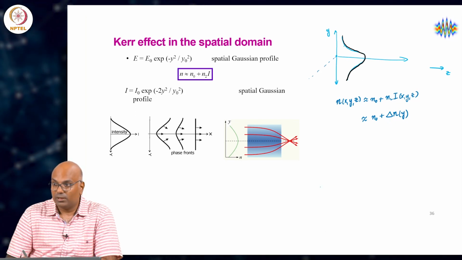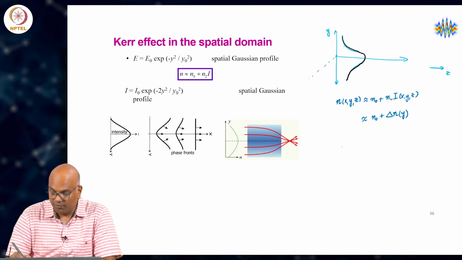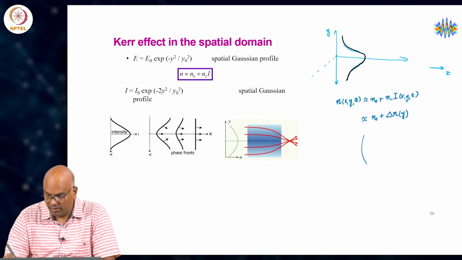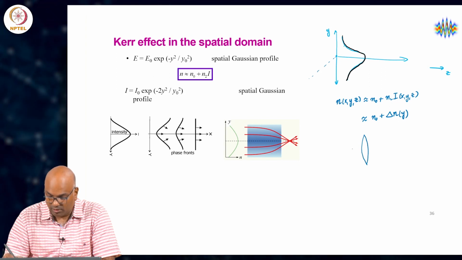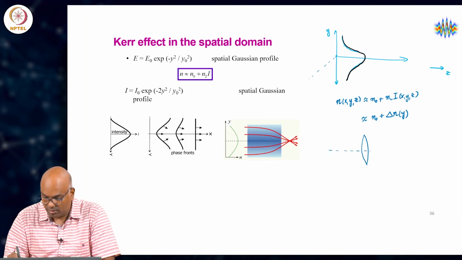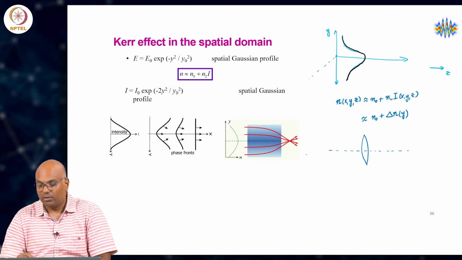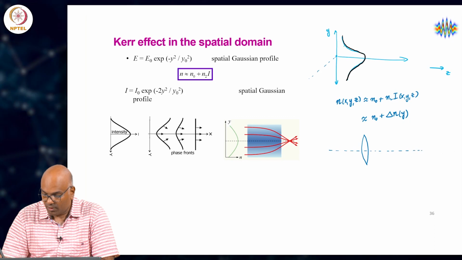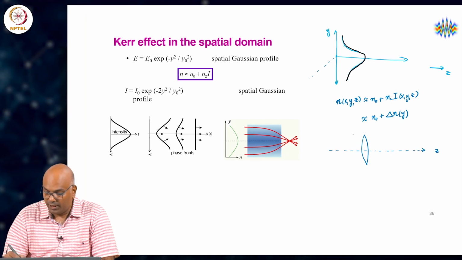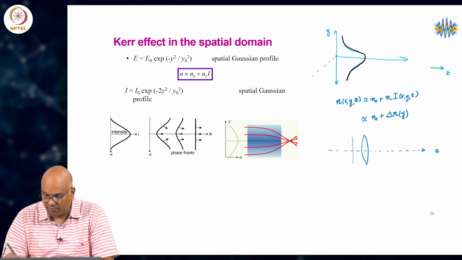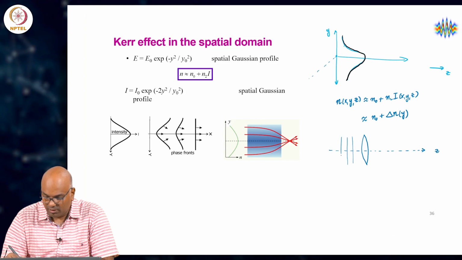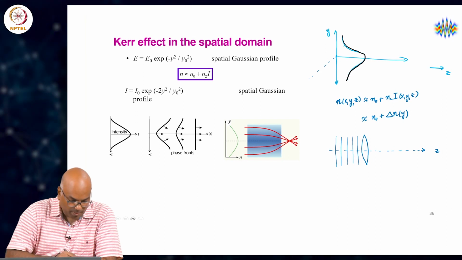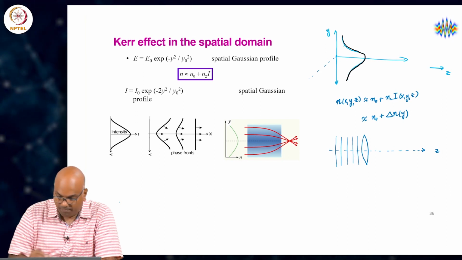Now, this scenario is no different from what happens when we have a lens. So, consider a lens, a biconvex lens, a positive lens, and a beam propagates through this. We saw this earlier. So, we have wave fronts, let us say planar wave fronts, incident on this lens.